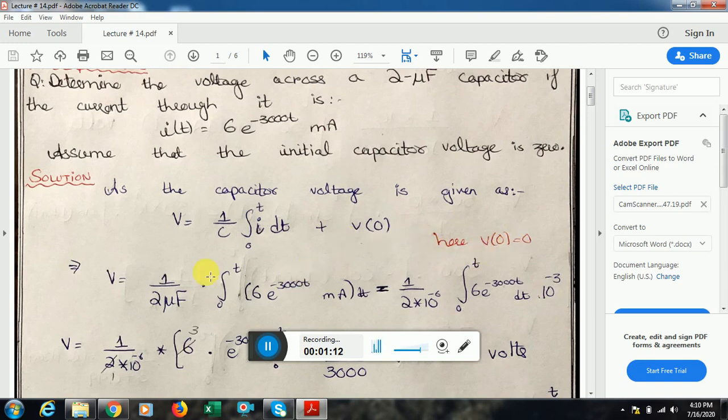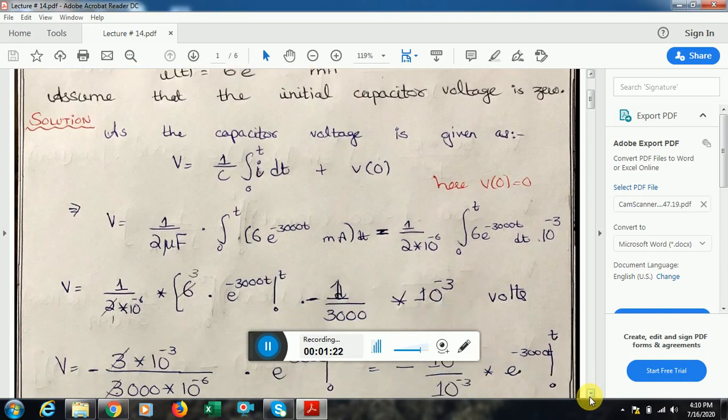So by inserting the capacitance value and the current value from this equation, we get, by simple mathematics and using the antiderivative of the exponential function, which is the exponential function itself with the limits, into 1 over whatever the power is. The power is minus 3000, so it will be 1 over minus 3000 into 10 raised to the power minus 3, because the current was in milliampere. That's why this 10 raised to the power minus 3 appears over here.